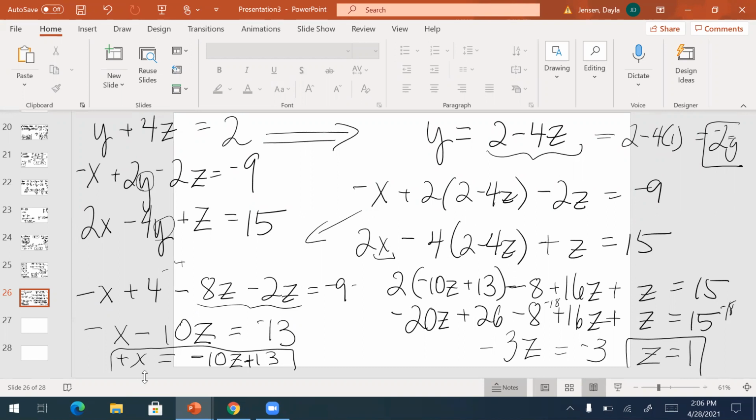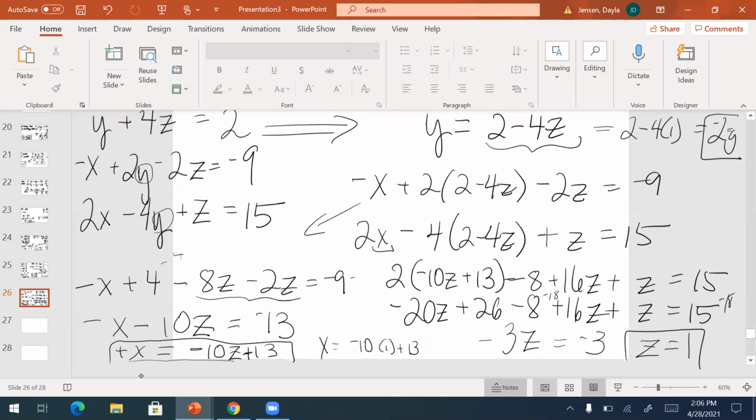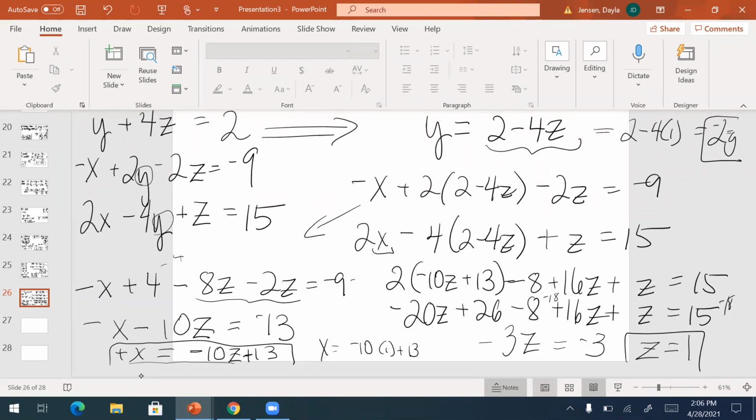How about this one, where I've solved for x? X equals negative 10 times 1, because z is 1, plus 13. Negative 10 plus 13 equals 3. So x must be 3.